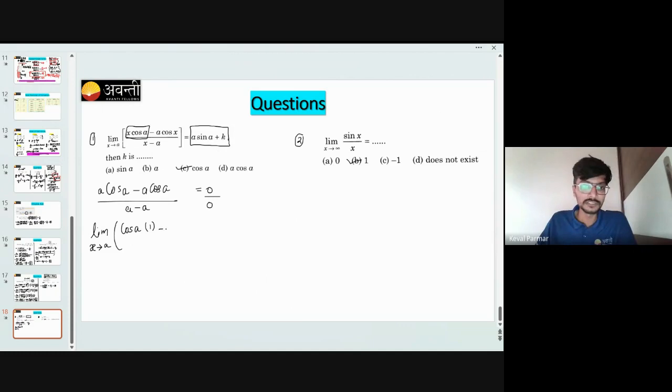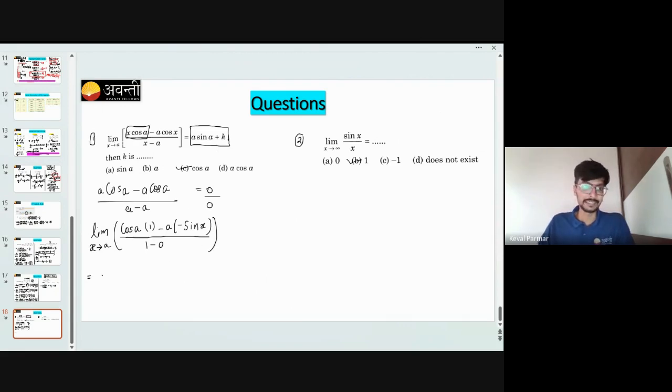Here a is constant, and the derivative of cos x is minus sin x, the derivative of x is 1, and the derivative of a is 0.